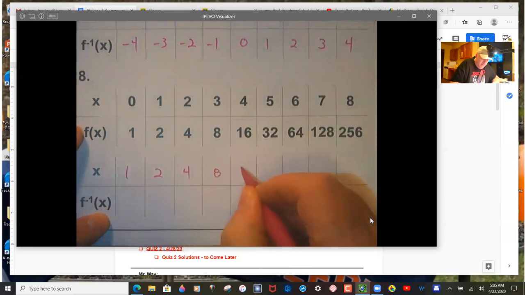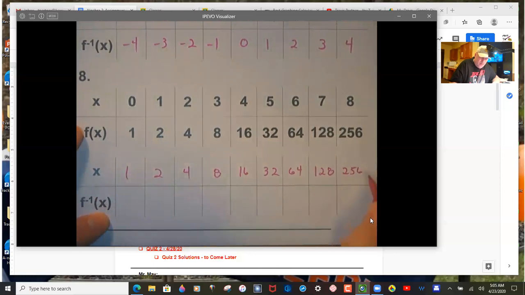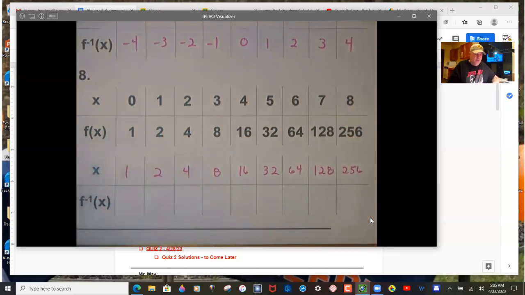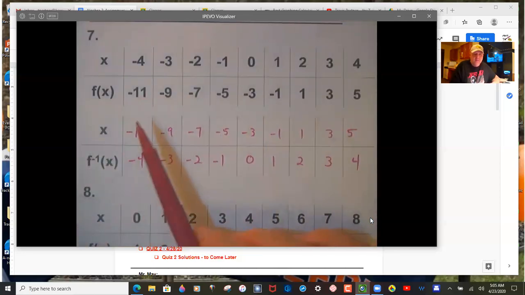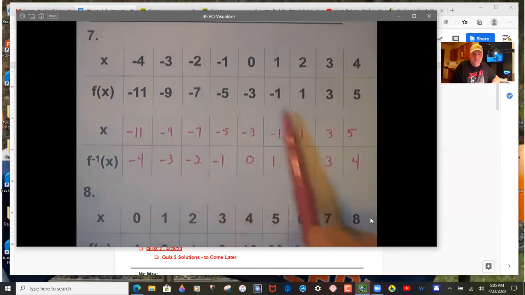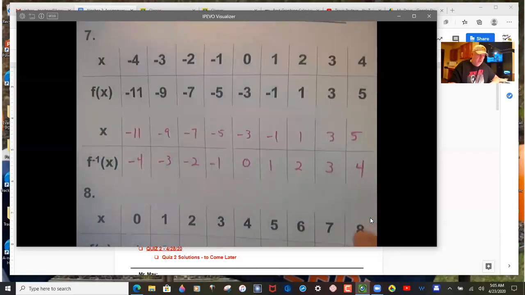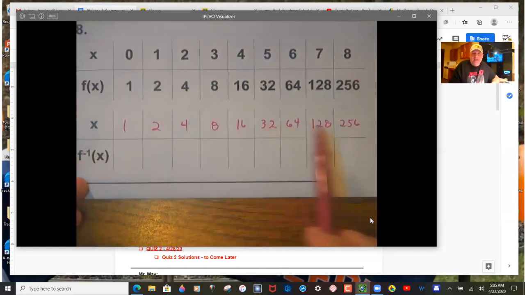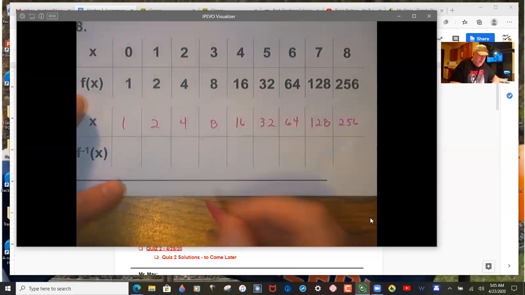Which, by the way, you should now, in your knowledge of functions, know that up here we were looking at a linear function because we're adding to the original. So this is just a reflection of a linear function about the line y equals x to get another linear function. Here, we're looking at an exponential. We're multiplying by 2, left to right, over and over in the y.